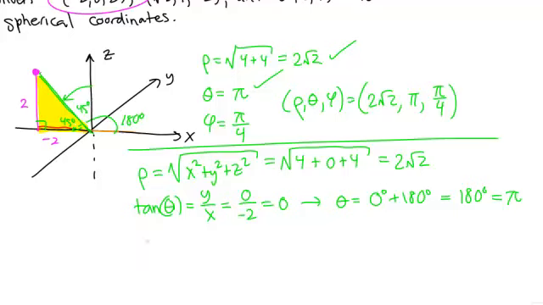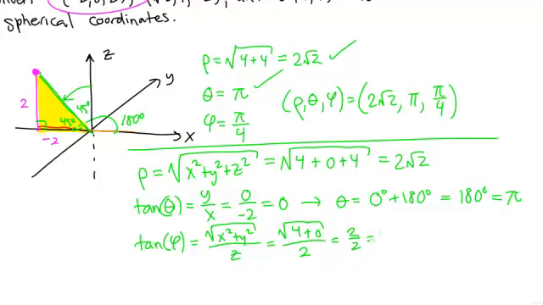Finally, the tangent of phi is equal to the square root of x squared plus y squared over z. In this case, the square root of x squared plus y squared is the square root of 4 plus 0, over 2. So that's 2 over 2, or 1.